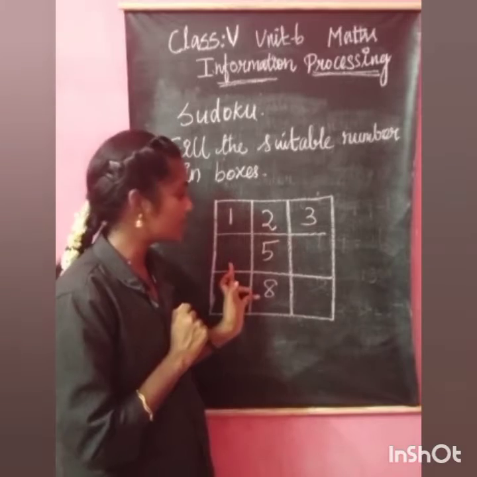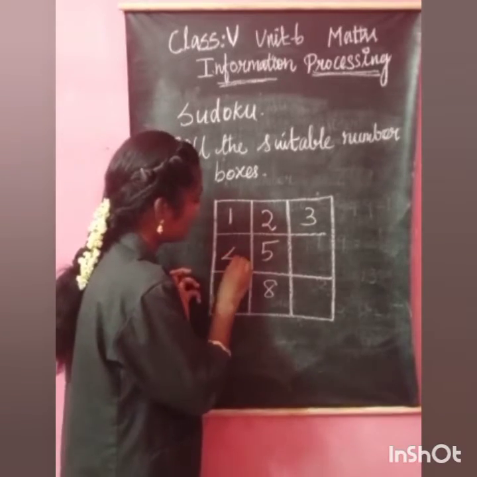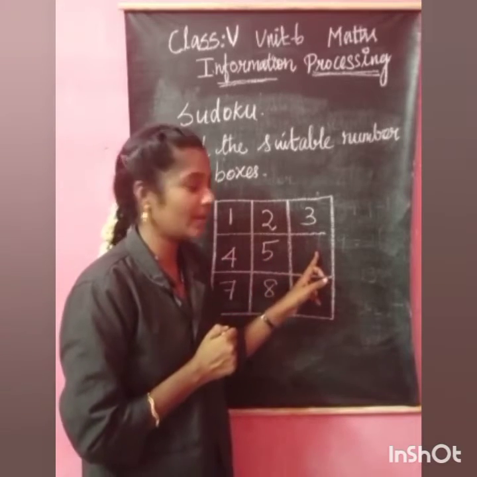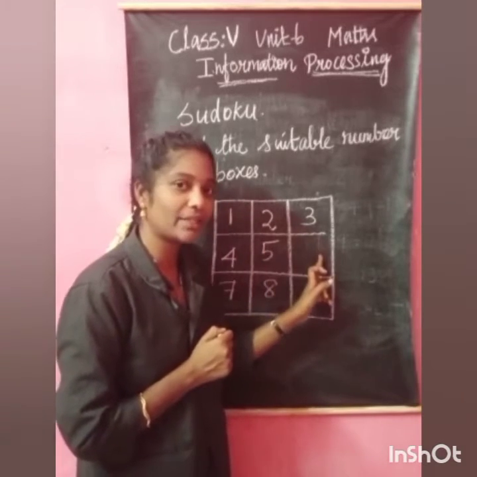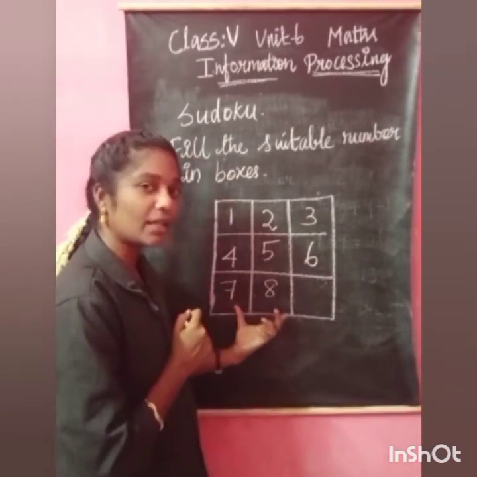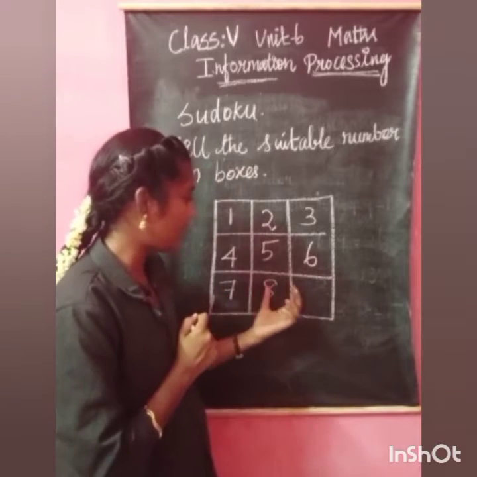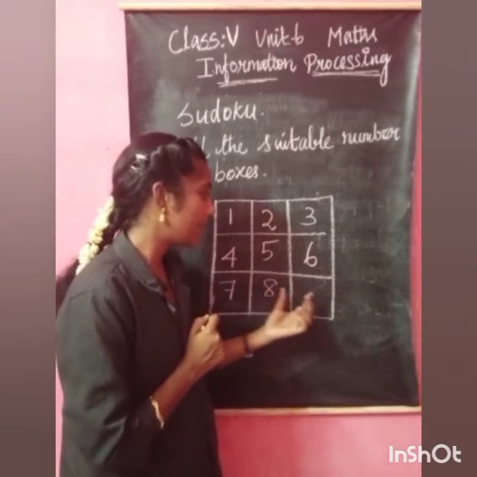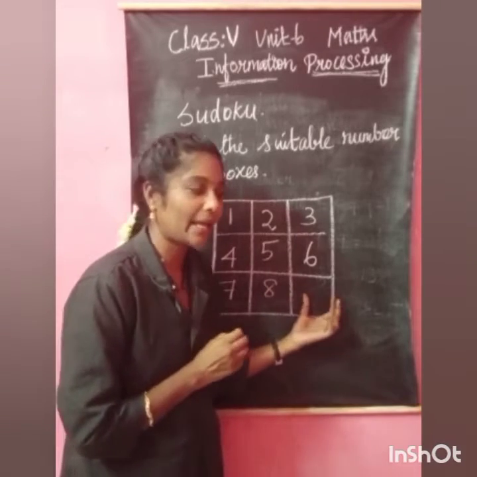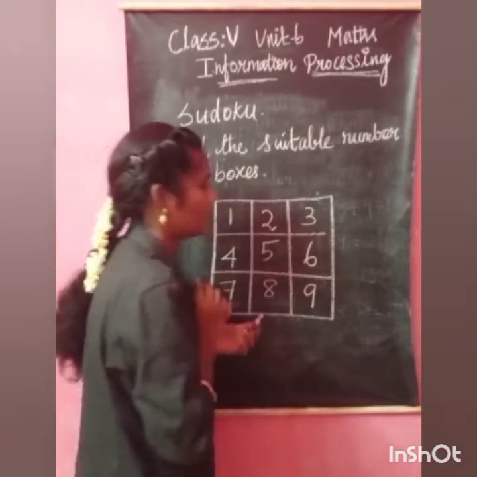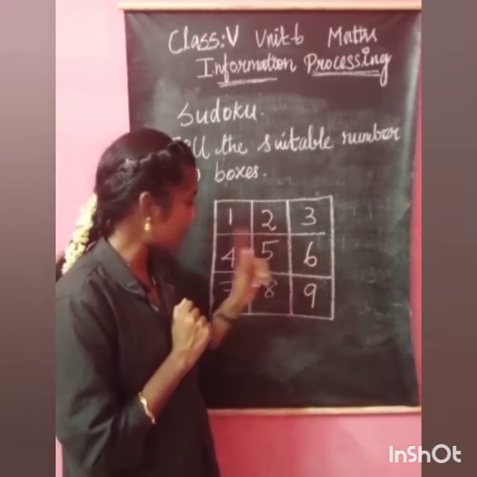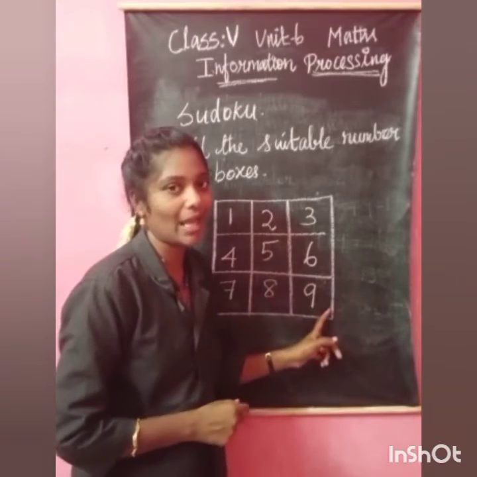After 8 is 9. So 1, 2, 3, 4, 5, 6, 7, 8, 9.